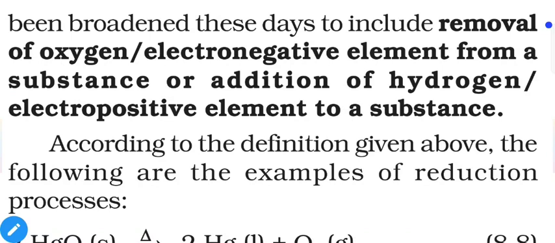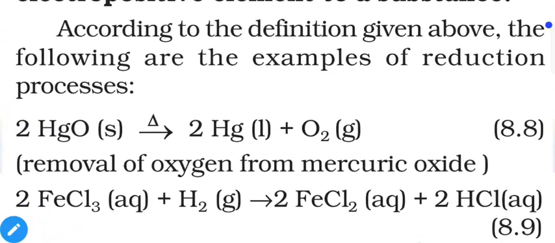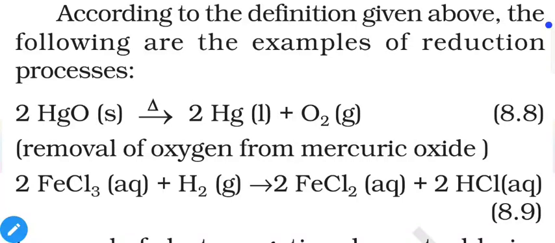All of the reactions mentioned for oxidation, in reverse, are reduction reactions. That means consider the reactant as product and product as reactant, and we have examples of reduction reactions.